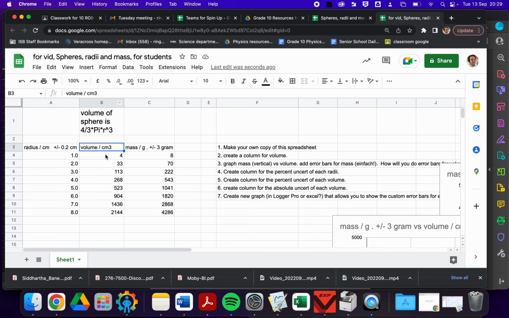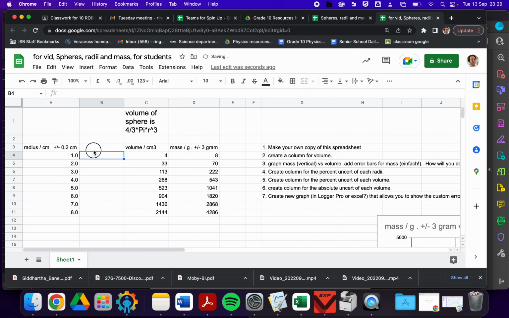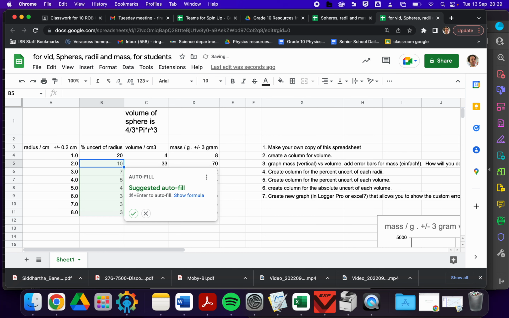So I'm going to insert a column to the left, and I'm going to do the percent uncert of radius, and I'm going to take the uncertainty of 0.2 divided by this cell times 100, and I'll fill down.